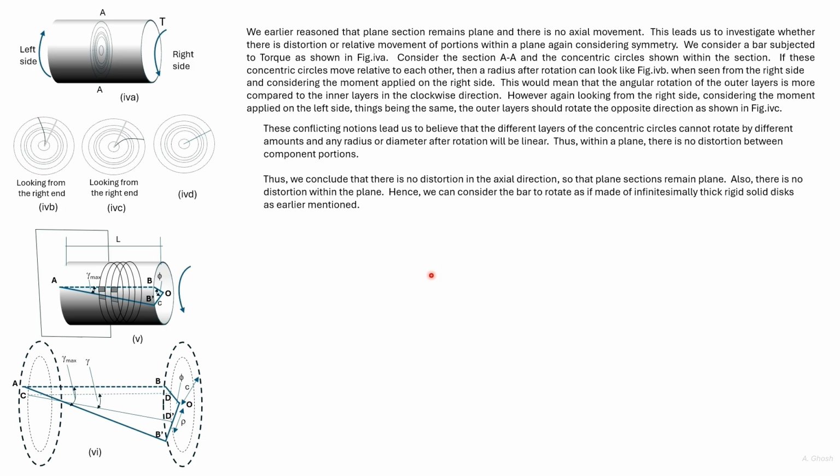We have thus established, using heuristic arguments, that plane sections remain plane in a circular bar subjected to torque, and there is no axial movement. We have also established that there is no distortion within a given plane.